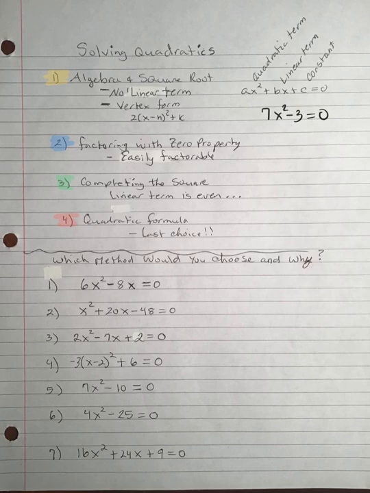For algebra and square root property, you can only use that method if there's no linear term or if it's in vertex form. That's the only time you can use it.